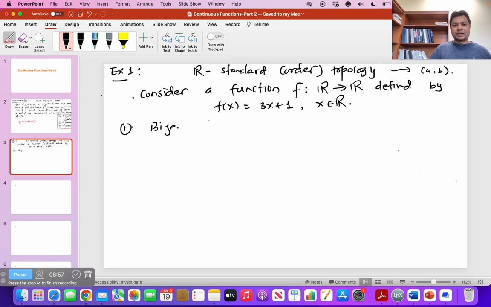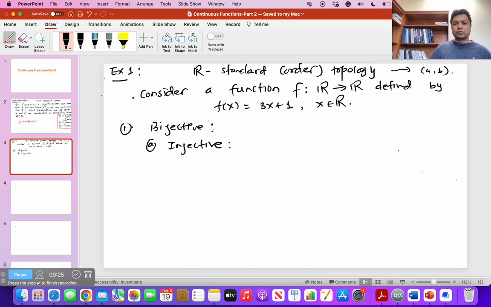To check whether this function is bijective or not, you can check algebraically, or you can use a graph as well. The function has to be injective, and also it has to be surjective.